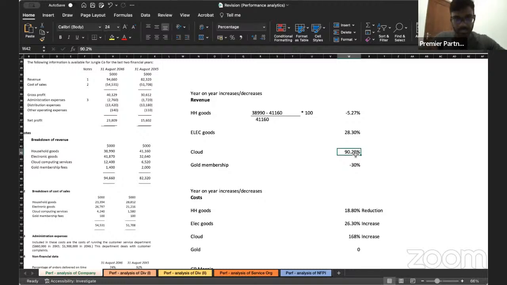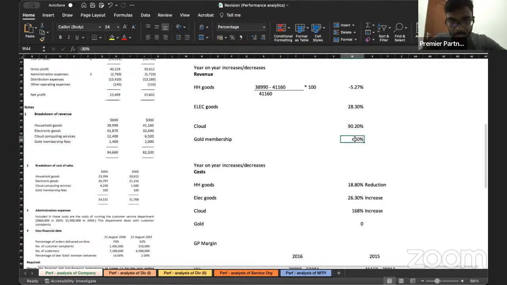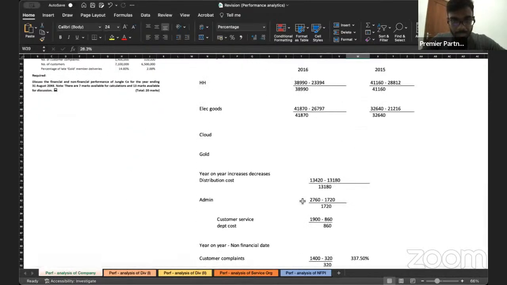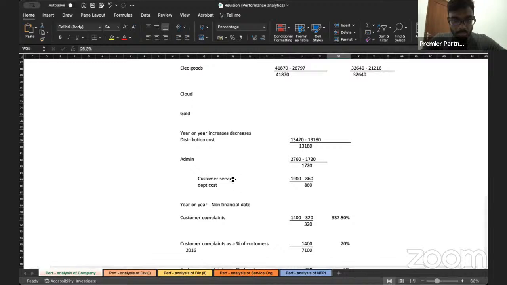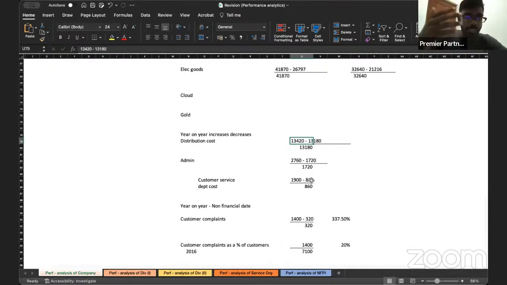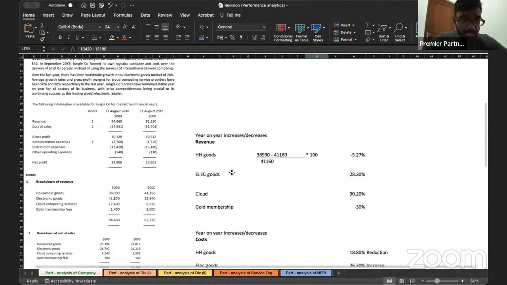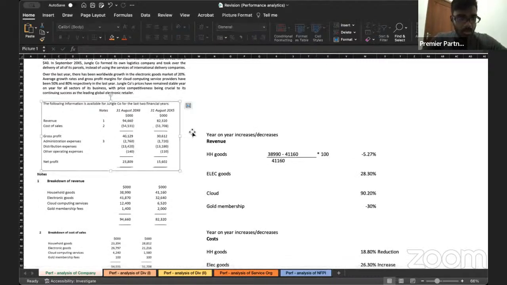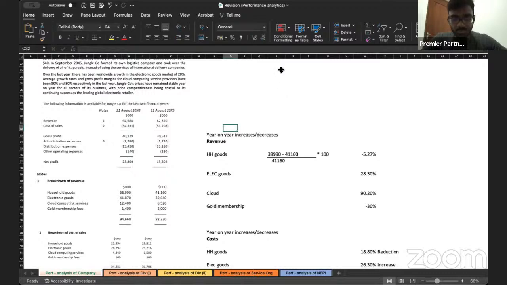Connect. So I connected my gold membership to customer complaints, household goods to customer complaints. I talked about this distribution cost. Distribution cost, there is no major increase or decrease, so don't talk about it. No point. I talk about the major increases or decreases. See, people, that's why I didn't want to calculate gross profit margin and all that.